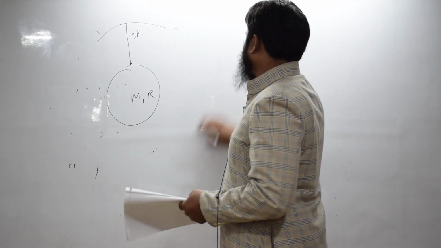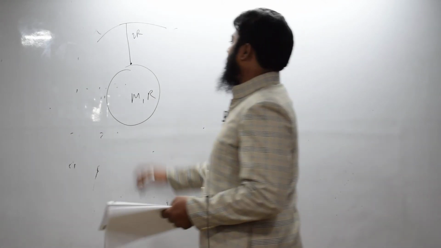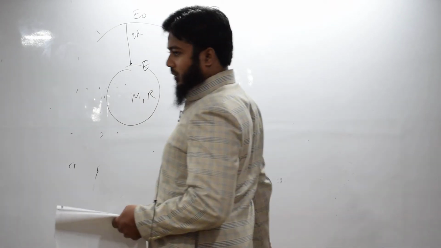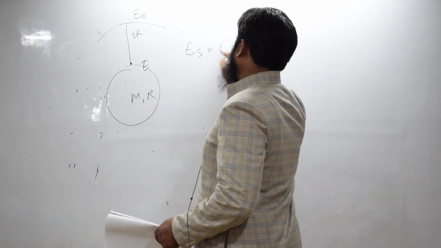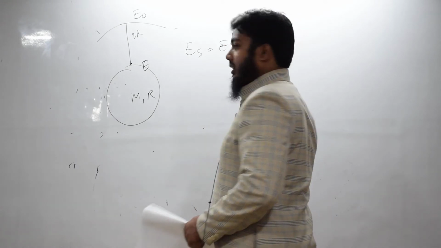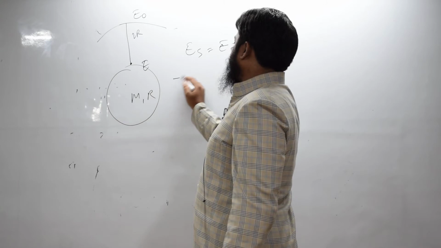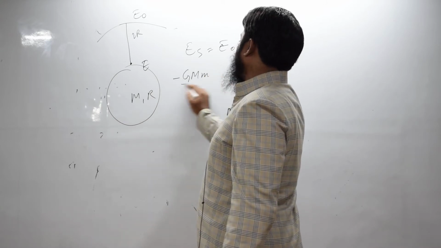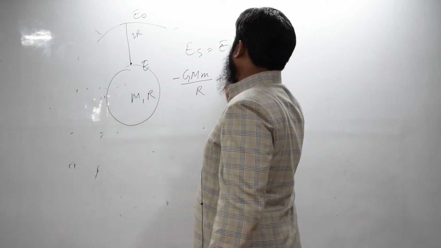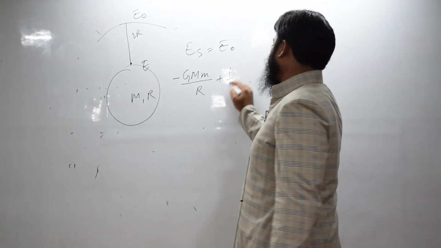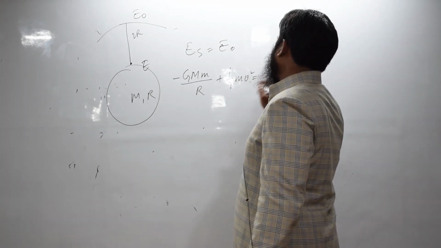Now, from conservation of energy, total energy at the surface of the planet should be equal to total energy in the orbit. Total energy at the surface is minus G capital M small m upon R, plus the energy provided to the satellite in the form of kinetic energy, half m v square.